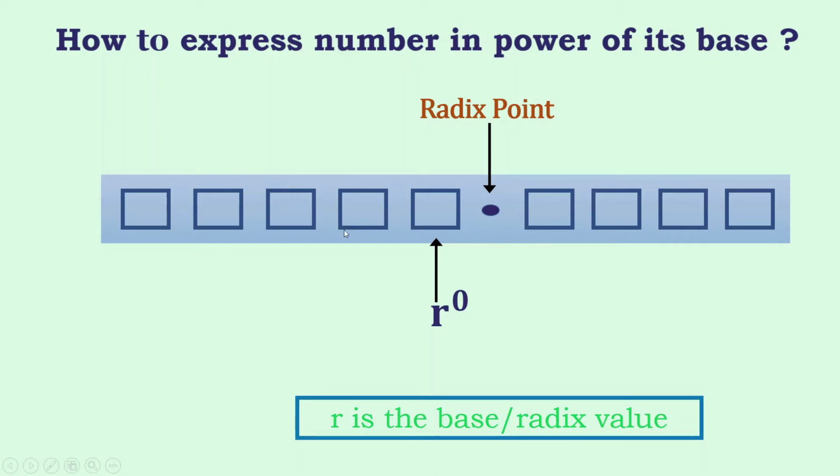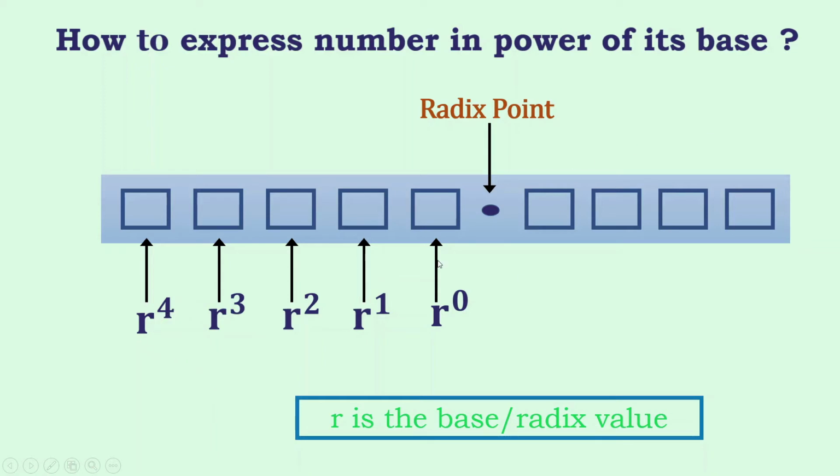The next digit will have the weight r raised to 1, then r square, r cube, then r raised to 4 and so on. As you can see, the power of r goes on increasing by 1: initially 0, then 1, 2, 3, 4, and as the number goes on, the power will go on increasing.